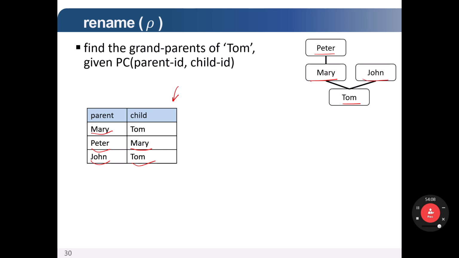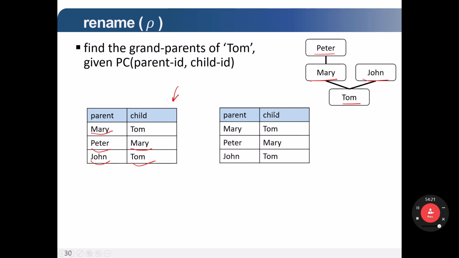So this hierarchy, genealogy, can be represented as this kind of reverse tree structure. And the given query is to find the grandparent of Tom. How can you do this? How can you write this query?